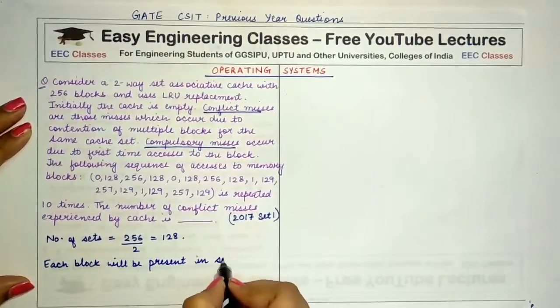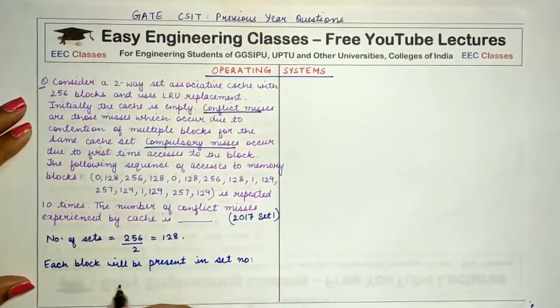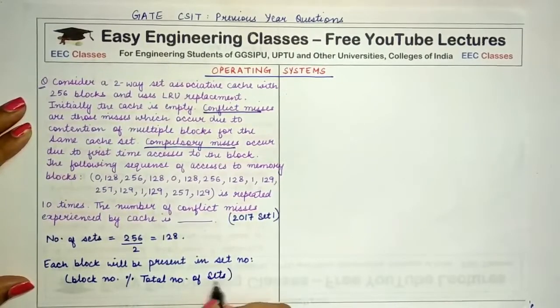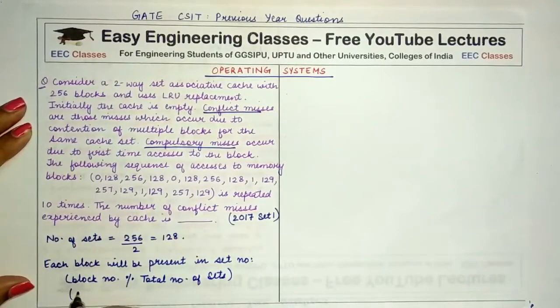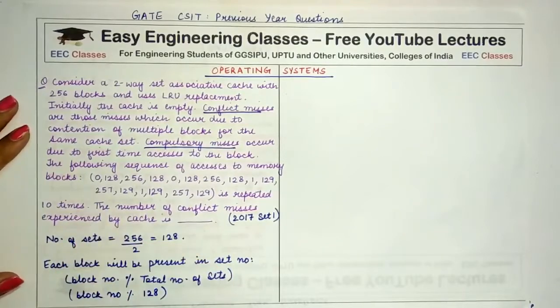That set number would be given by the block number itself modulo the total number of sets. So if we have to access 128, it would be 128 modulo 128, which is 0. So it would come out to be in set 0. Similarly, 0 would be 0 modulo 128. It would again come out to be in set 0.